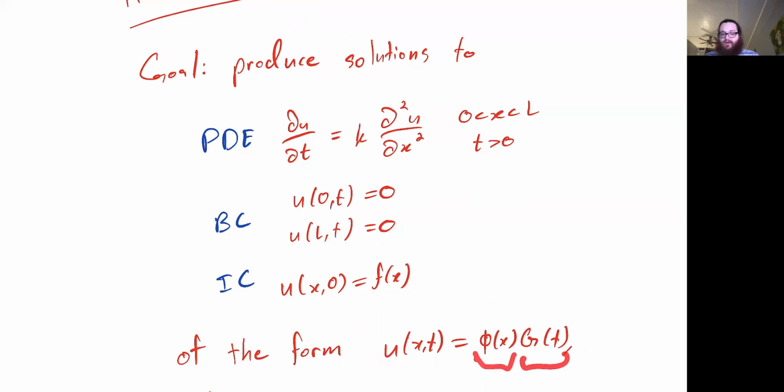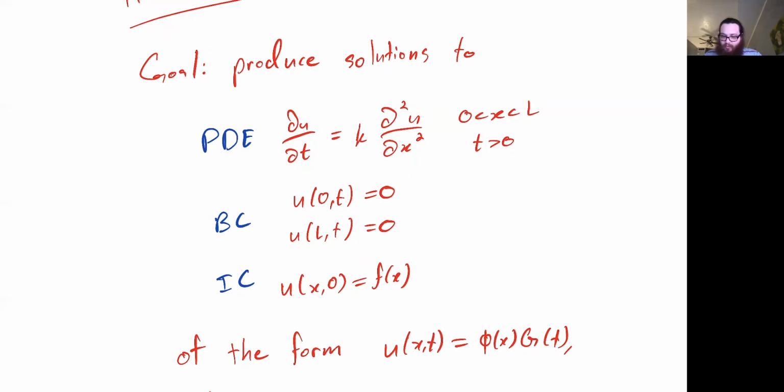And these two don't necessarily interact, okay? And so maybe thinking, well, it's quite a special form of a solution. Why not look for something more general?